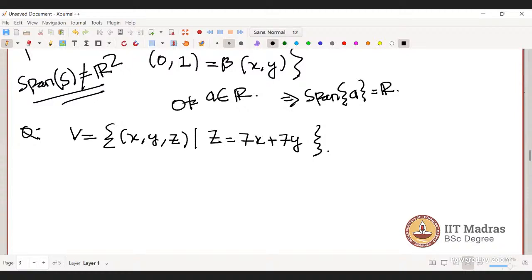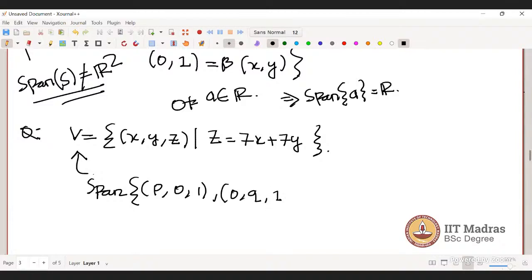Okay. So it's given that the span of this set, {(0,P,1), (0,Q,1)}, is basically V, right?